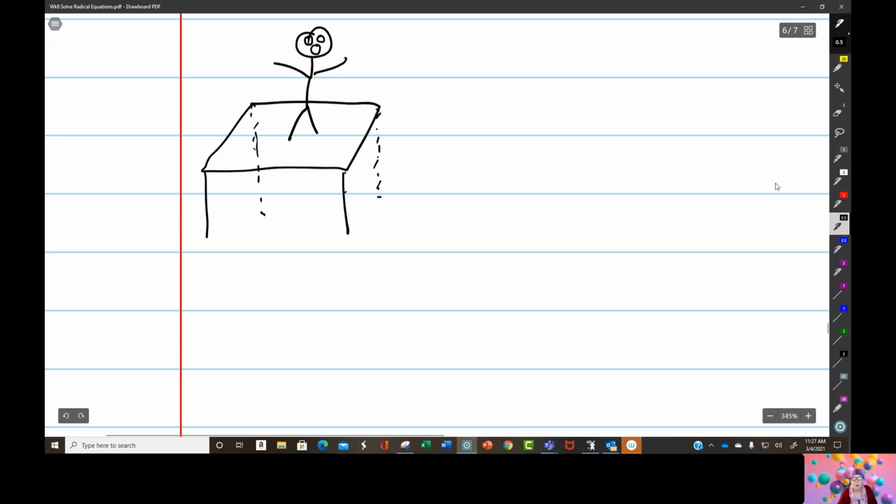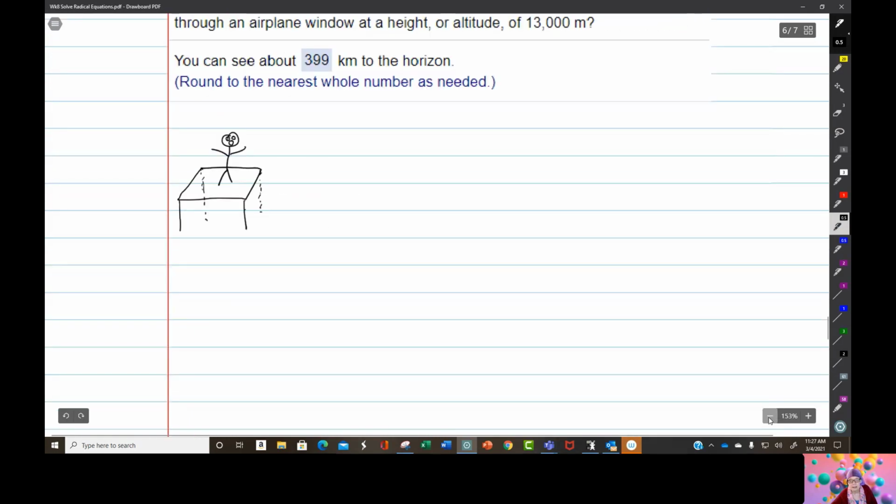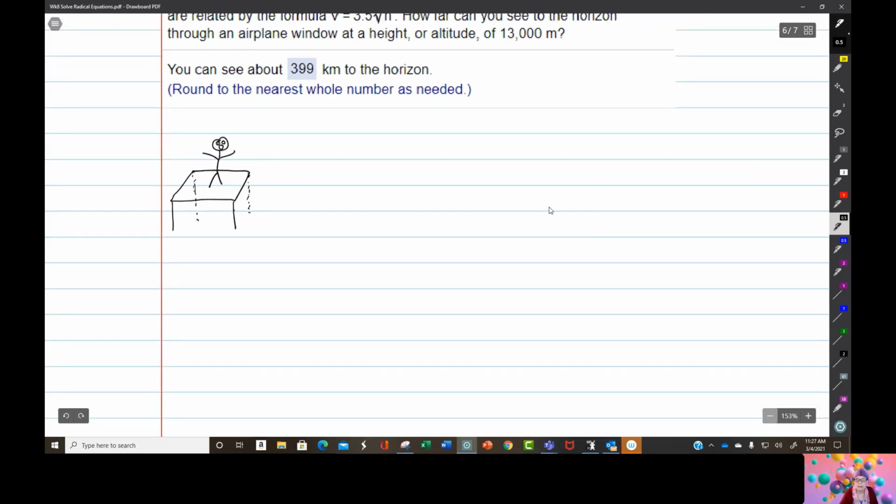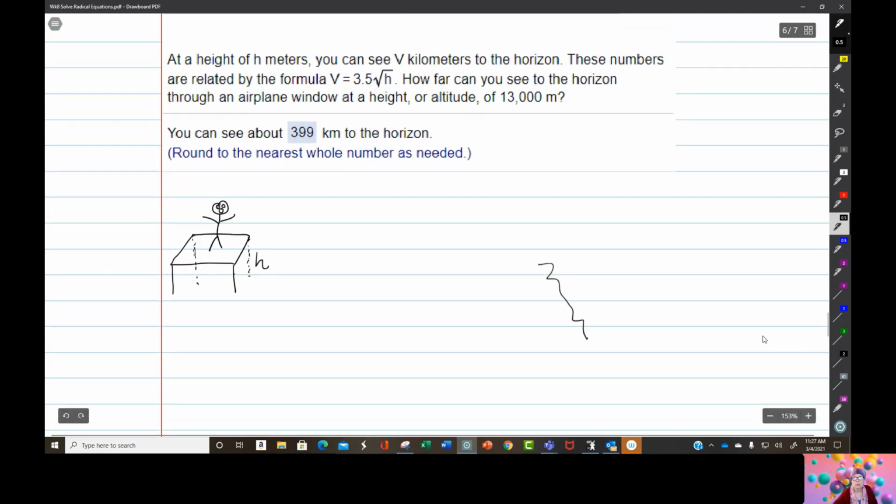And, all right, so you're looking at some beautiful sight out here. Now, what this says is if you are h meters above the ground, let's say this is the horizon for you, and you're in the Cascades according to our story.